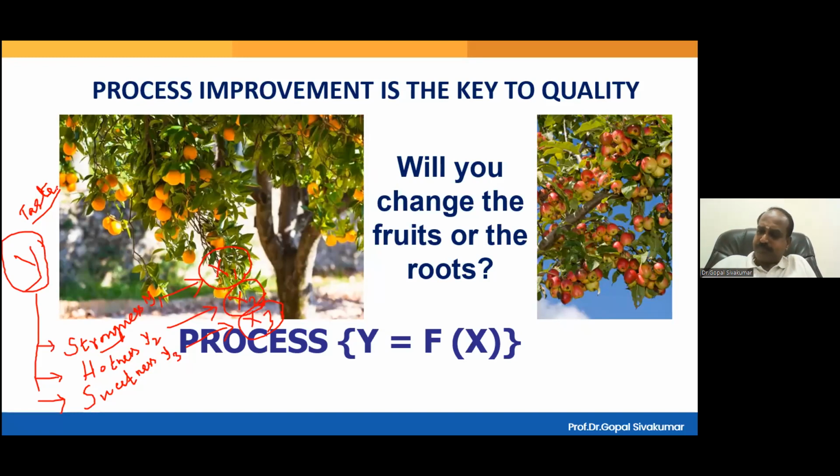Second step is validating the criticality. Second step is validating the critical factor. First step is identifying critical factor.